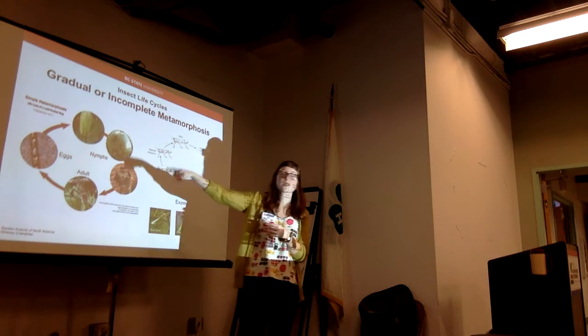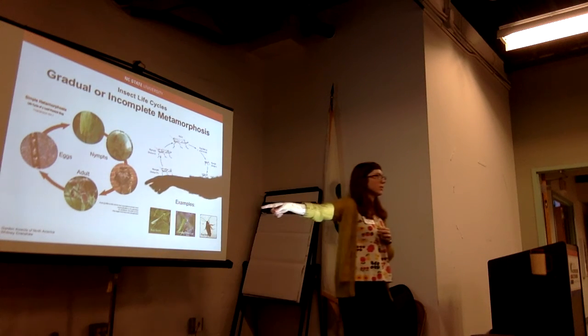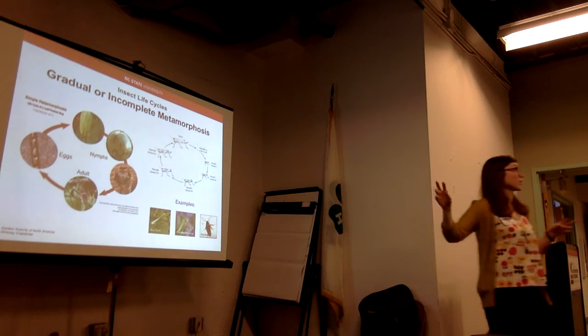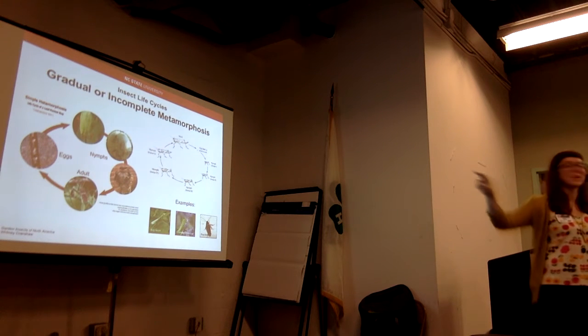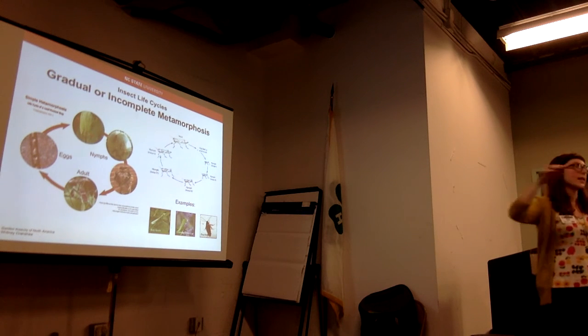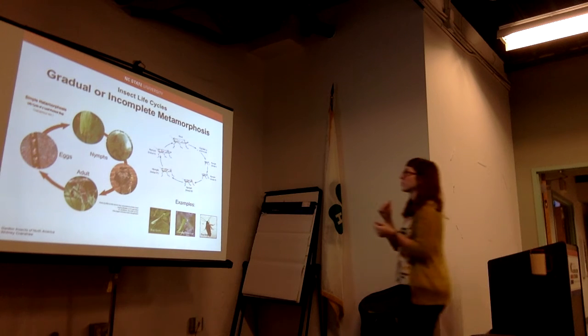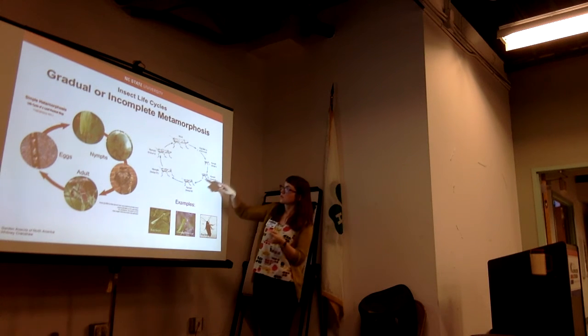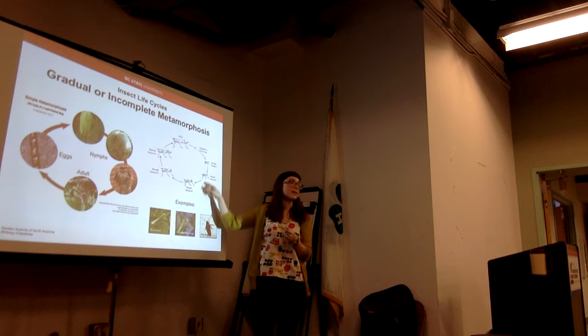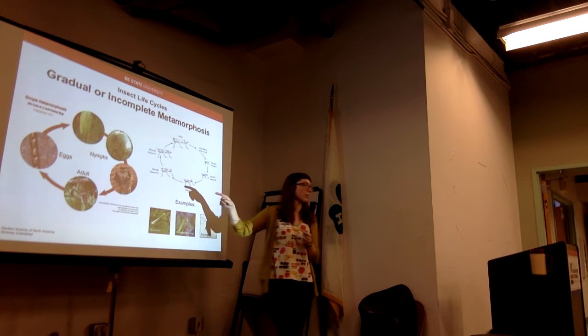So some of, I think, the true bugs often go through that. Yeah, bug is actually a specific subsection of insects, but the true bugs go through this. And that's when the insect is born out of the egg as a larval nymph, right? And it's going to go through some number of stages called instars, where it just gets bigger. It doesn't drastically change form the way a caterpillar would to a butterfly.